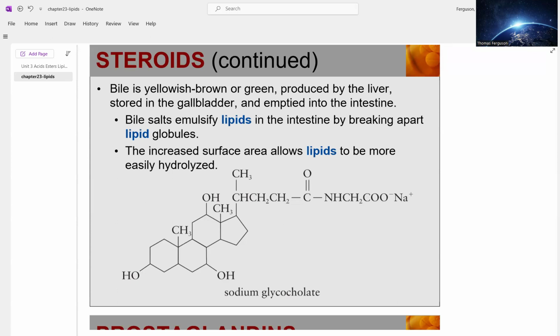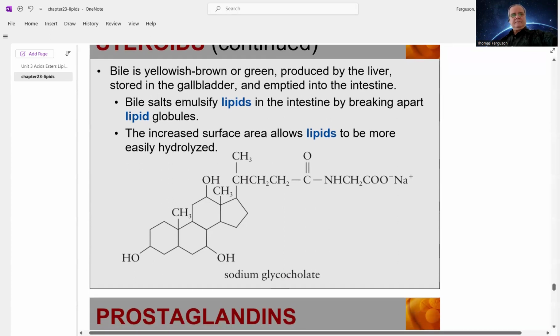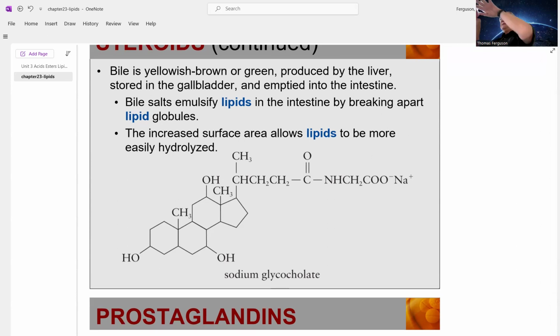So that's why bile is used to help digest fats in your small intestine. So this works in conjunction with lipase to digest fats. So what happens is it breaks up fats into really, really small pieces, increasing surface area so the enzyme can work more effectively.